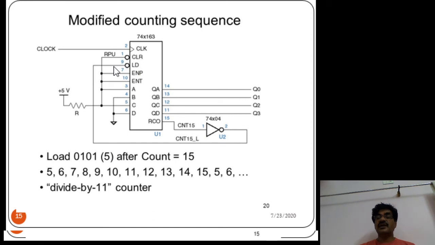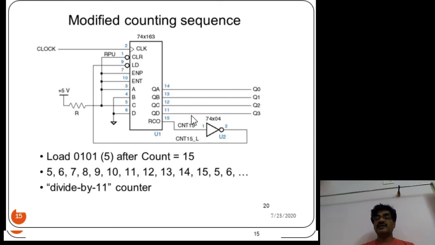Then you can observe the loading action: whatever data is on ABCD is loaded into the counter. The data on ABCD is 5, that is 0101, which is loaded into the counter. So after 15 the next state is 5.